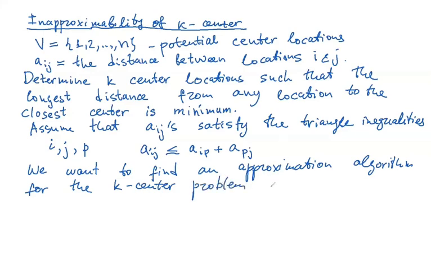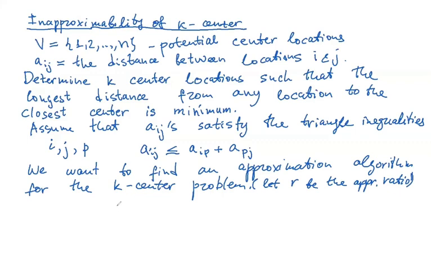So the approximation ratio would be, let's say, R, right? Essentially, let R be the approximation ratio. So what is our approximation algorithm?